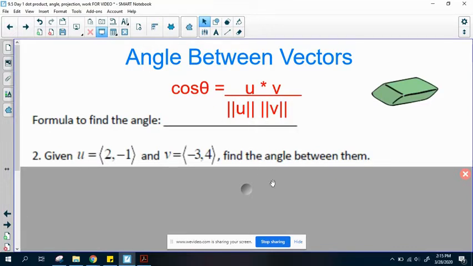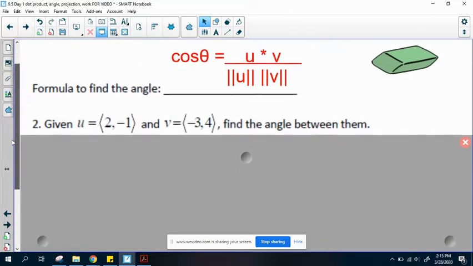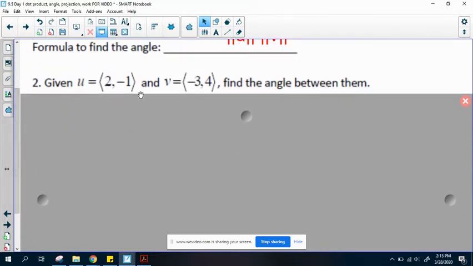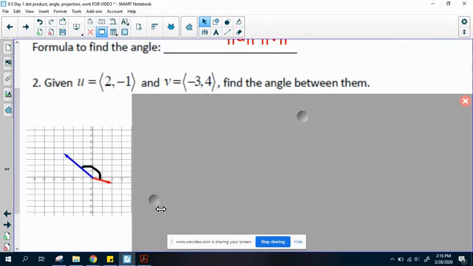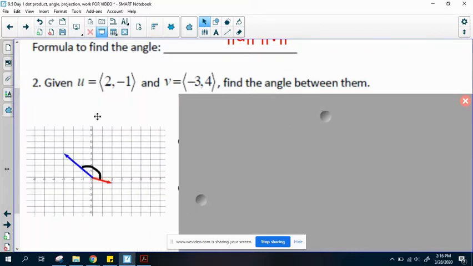We're going to find the angle between them, using our two vectors u and v again. I actually drew these vectors for you. (2, -1) is this vector here, and v, (-3, 4), is this vector here, and I wanted to find the angle between them. You can see it's a relatively large angle, but we can find it.